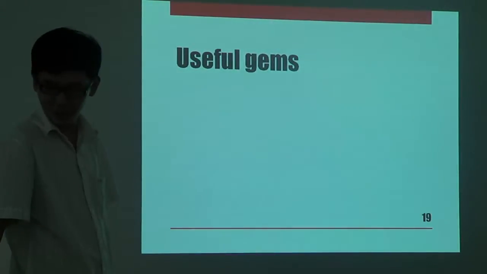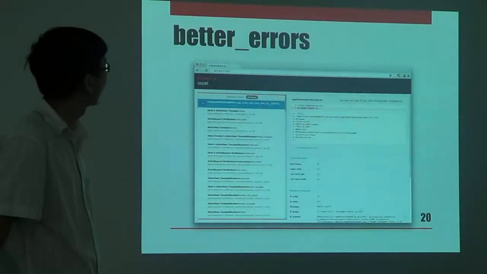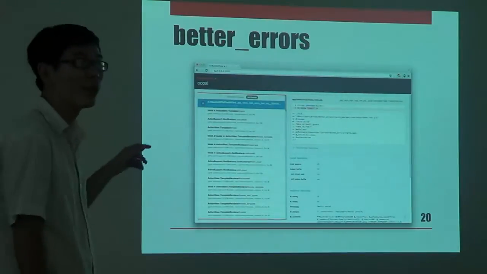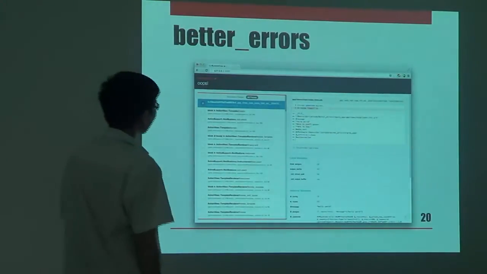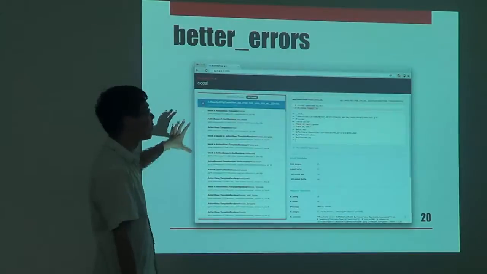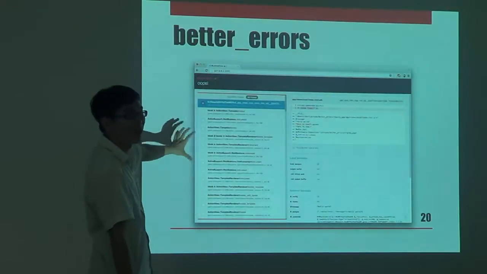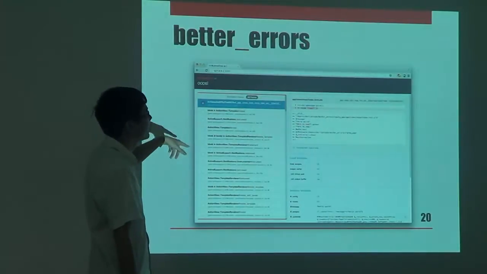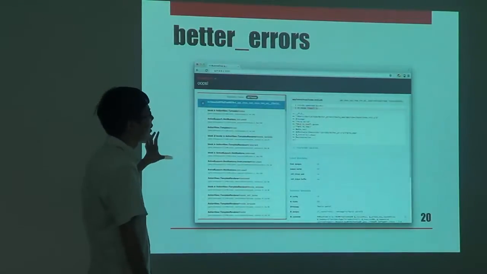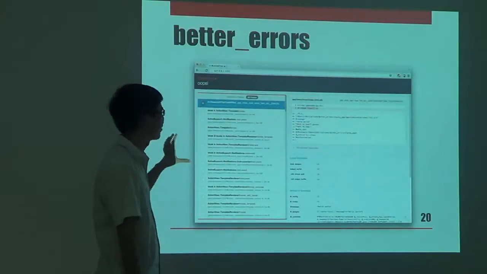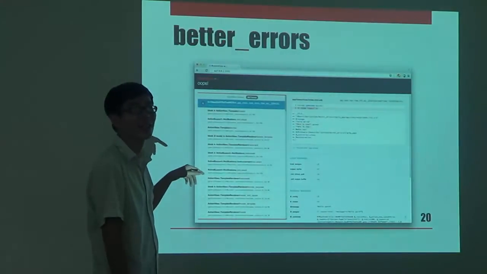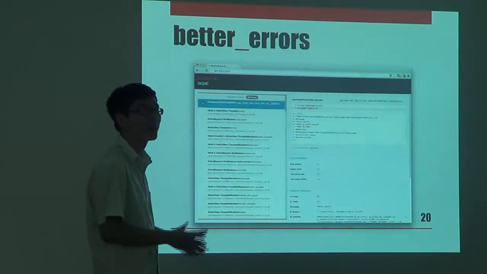The first one I think is useful is the better errors gem. This gem will actually, when you are in the development environment and you come across an error, give you more specific and clear error messages. So it is easier to debug where the bug comes from.